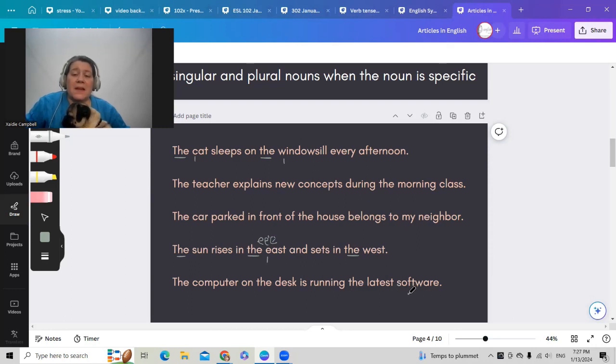Notice here, we have this adjective describing software. What kind of software is it? Latest, the most recent, the latest software. The will be our first adjective in the line of adjectives that we have.